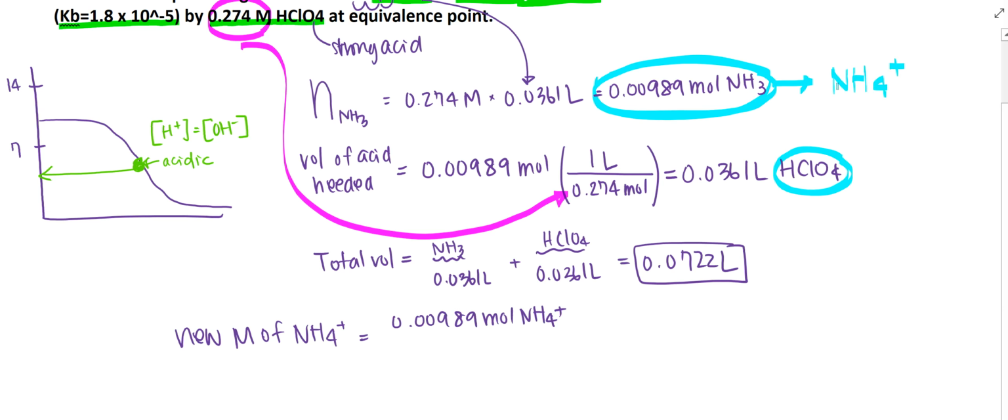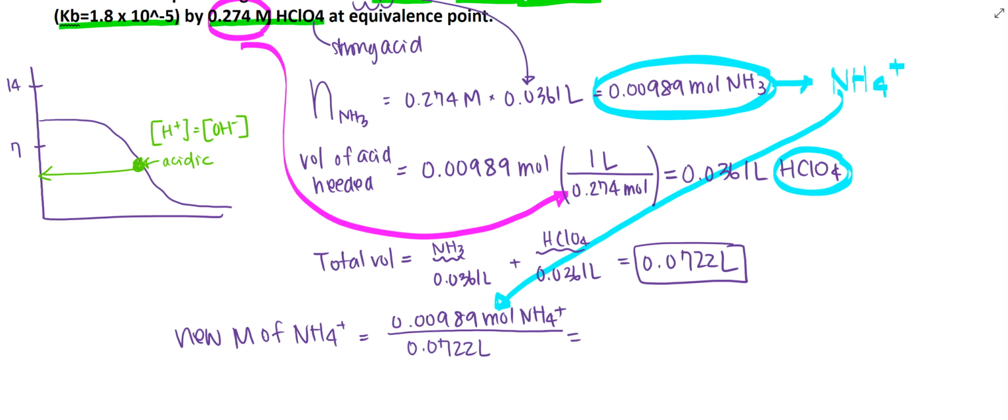This is the number that I'm going to be using. All of this divided by the total volume, which is 0.0722 liters, gives me the new molarity, and it happens to be 0.137 molarity of the new conjugate acid.